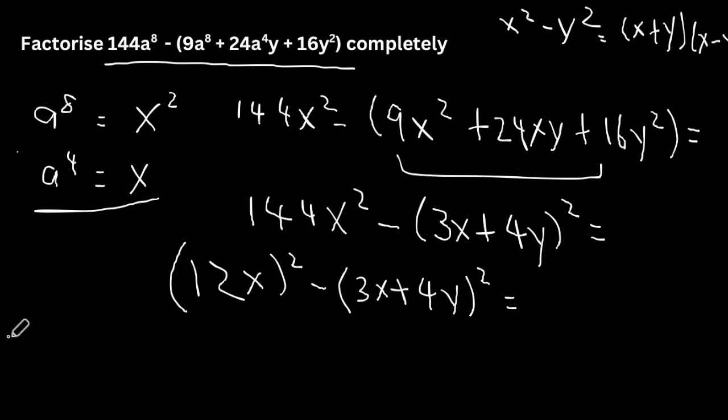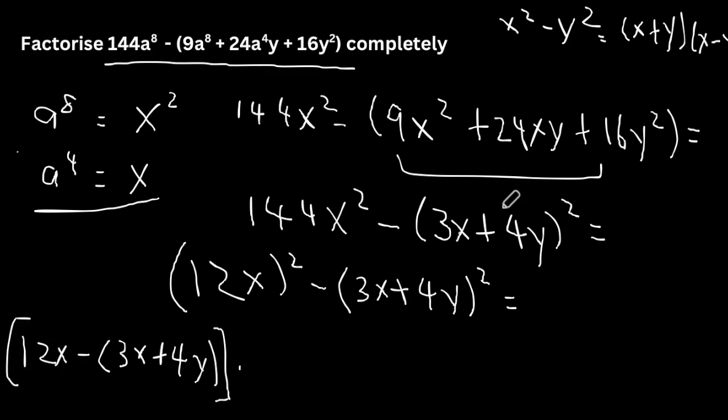Therefore, we write this out as 12x minus (3x plus 4y) multiplied by 12x plus (3x plus 4y).